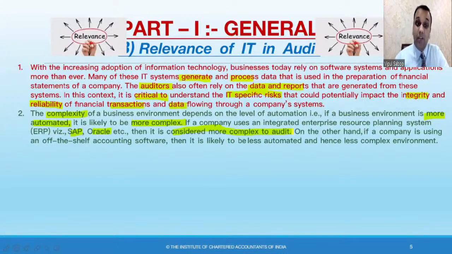On the other hand, if a company is using an off-the-shelf accounting software, then it is likely to be less automated and hence less complex environment. Off-the-shelf means general, not customized. So common softwares which are available in the market for use by everybody.